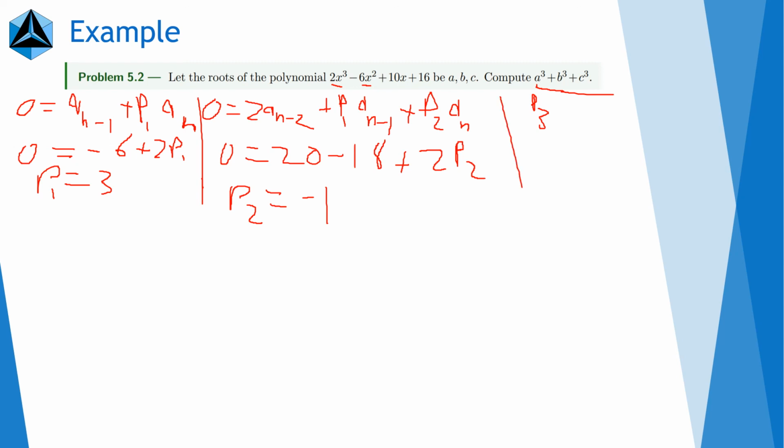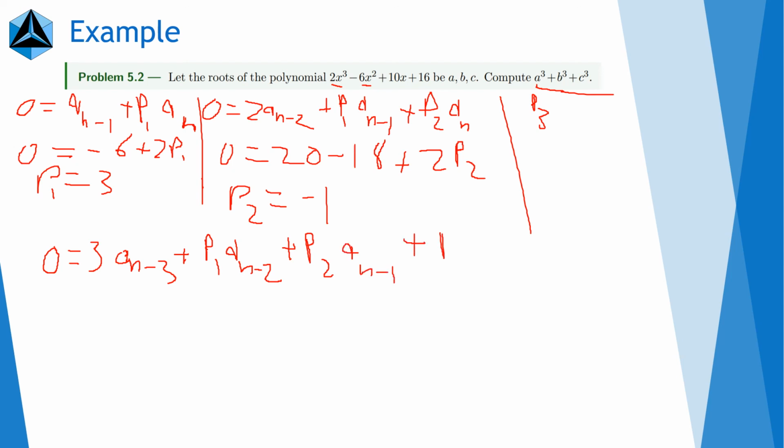Okay, and then our third Newton sum equation is 0 is equal to 3 a sub n minus 3 plus p1 a sub n minus 2 plus p2 a sub n minus 1 plus p3 a sub n. Then we can substitute these in again to get 48 plus 3 times 10, that's 30, plus negative 1 times negative 6, that's 6, plus 2p3.